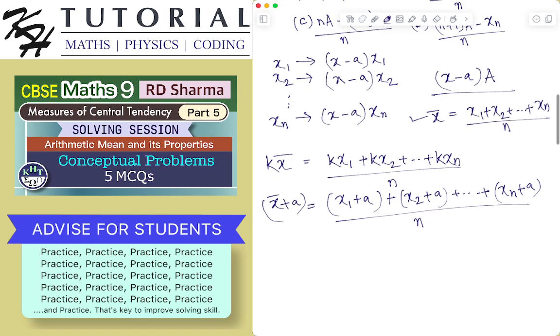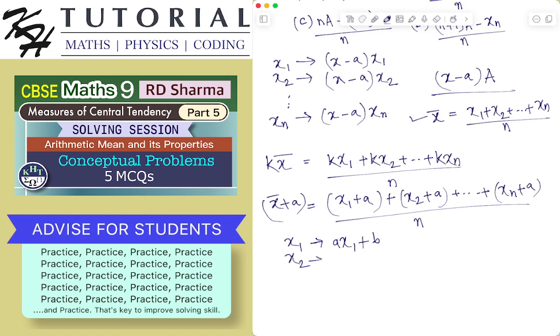Now using these concepts, we can say that if we have some observations x1, x2 up to xn, and we multiply those observations and then add or subtract some constant, what will be the new mean? Let's say we are first multiplying the observations by a non-zero constant a, and then adding another constant b.